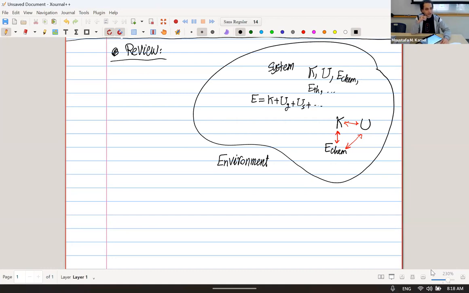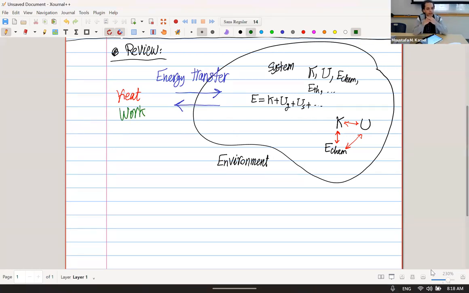And we said energy can be transferred to the system or out of the system by two processes, heat and work. So you can have energy transfer either as heat or work.